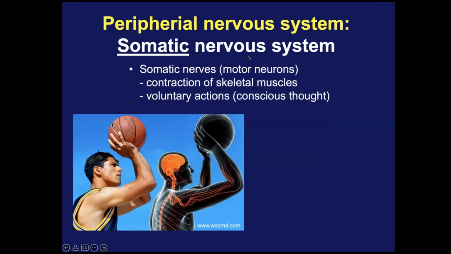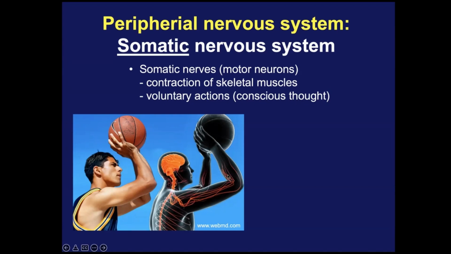The somatic nervous system refers to the somatic nerves, also called the motor neurons, as shown here. They control the contraction of the skeletal muscles in the body for the voluntary actions which require conscious thought.